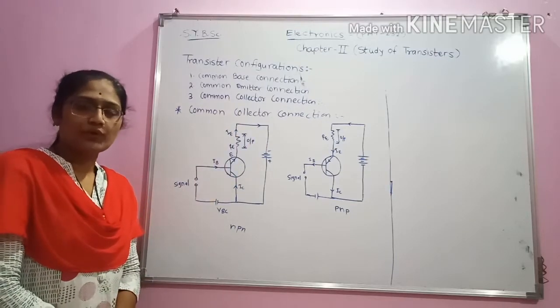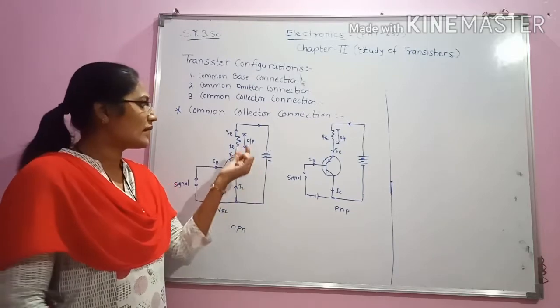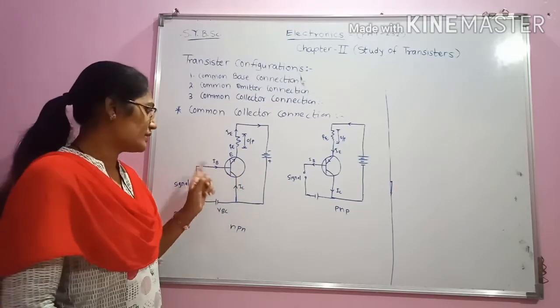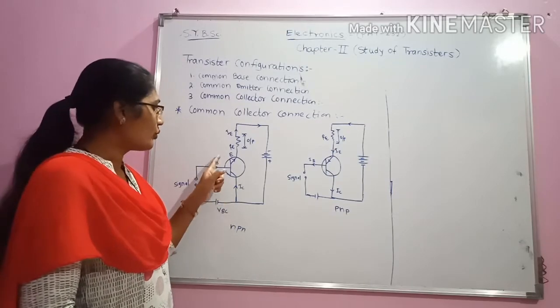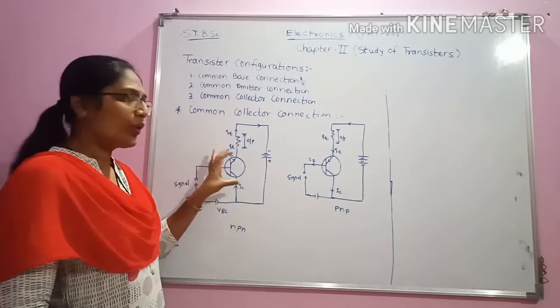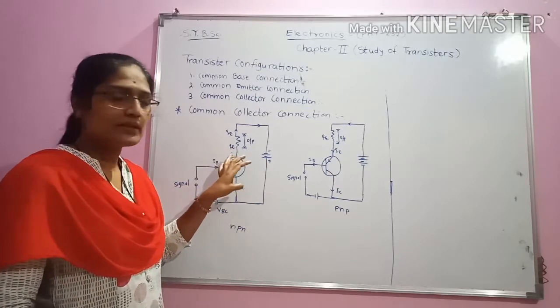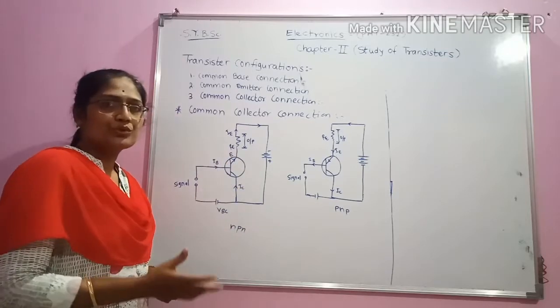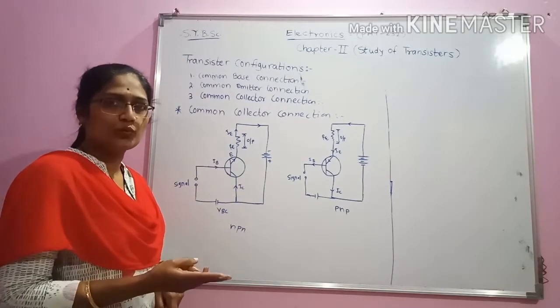We know that what is common collector connection. We know that a transistor is made up of three components, that is emitter, base and collector. If we want to use this transistor in a circuit, then we will require two input terminals and two output terminals.